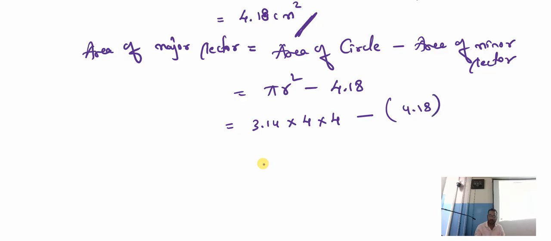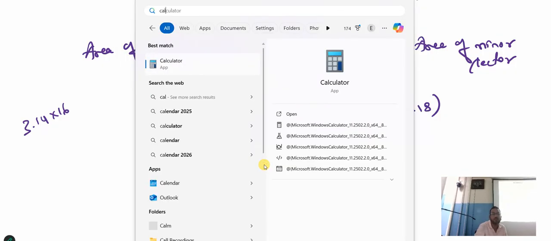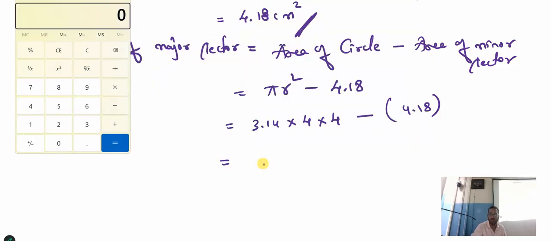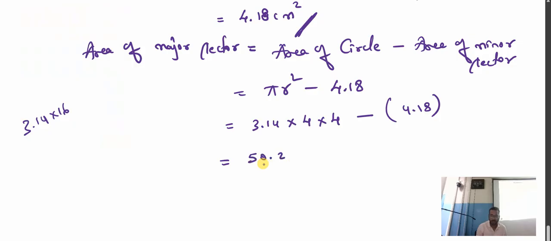So 3.14, 4 into 4, 16. 16 into 3.14, how much? Calculate. 3.14 into 16. What will be the value? 3.14 into 16. The value is 50.24. Am I right?